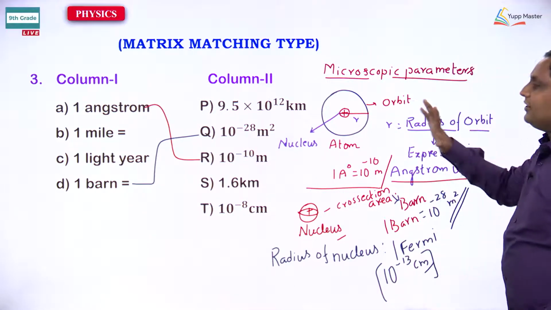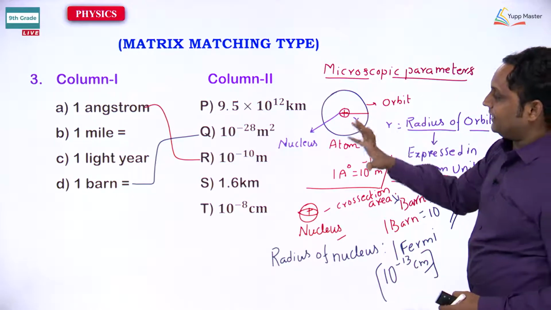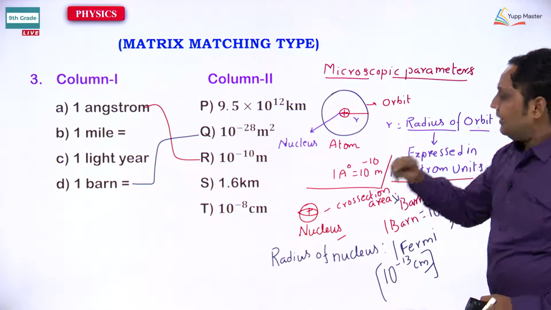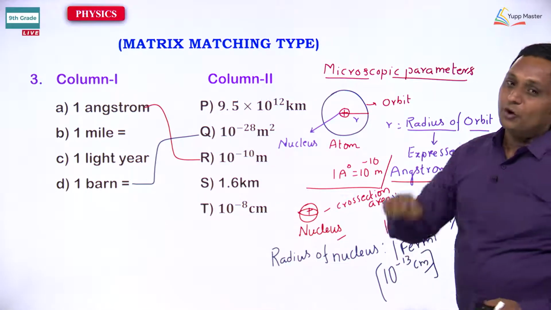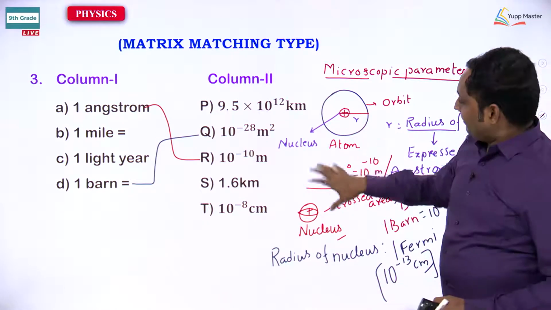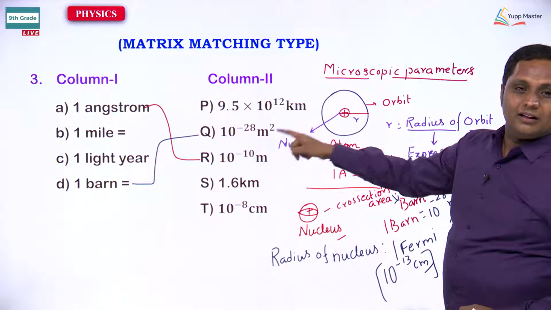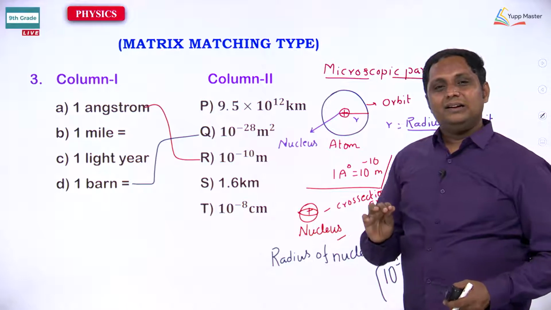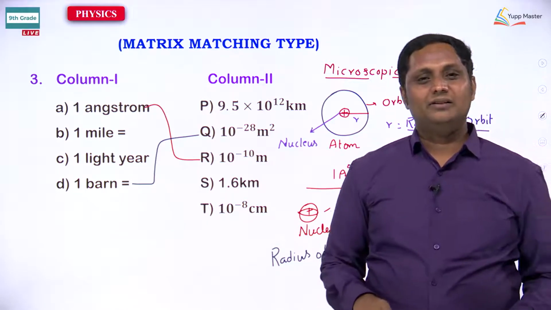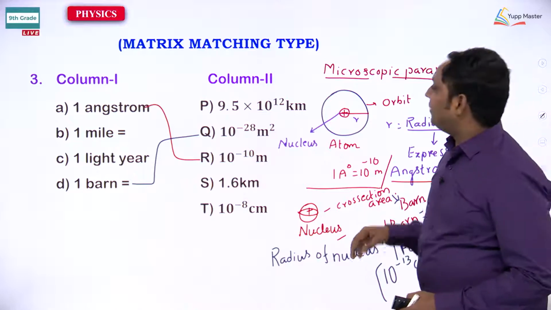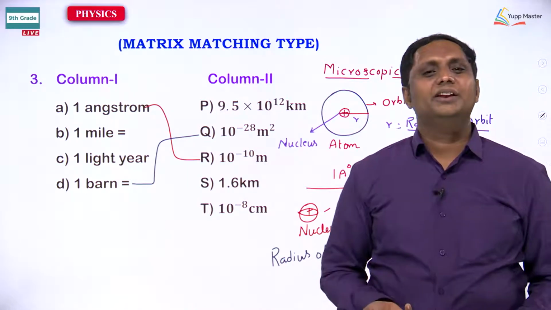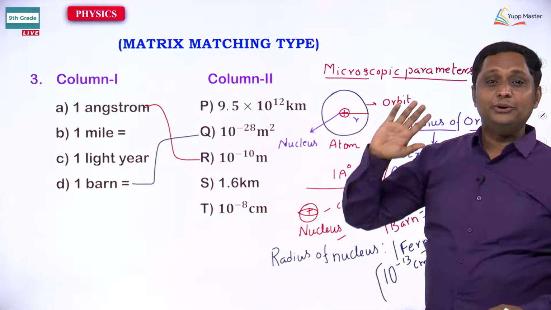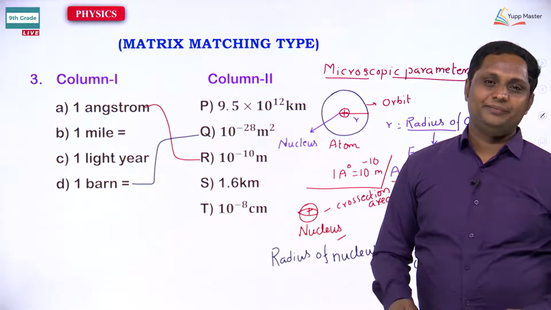The remaining two parameters are useful to express the distance travelled by a body. The distance travelled by a body can be represented in terms of miles or kilometers, but in case of light year, the distance travelled by light is 9.46 into 10 to the power of 15 meter, approximately 9.5 into 10 to the power of 12 kilometer in a year.